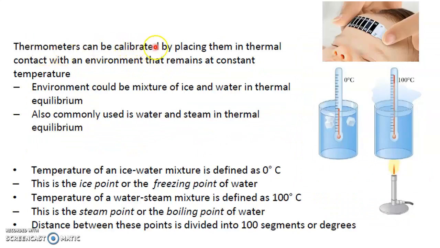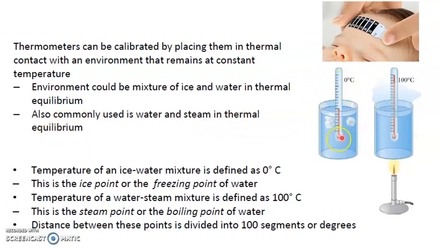Thermometers can be calibrated by placing them in thermal contact with an environment that remains at constant temperature. The environment could be a mixture of ice and water in thermal equilibrium. Also commonly used is water and steam in thermal equilibrium.